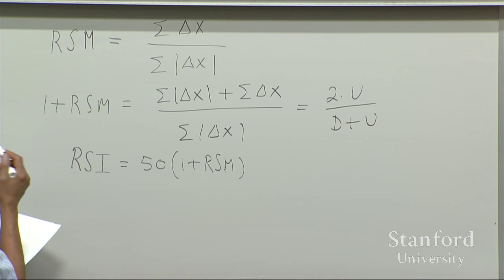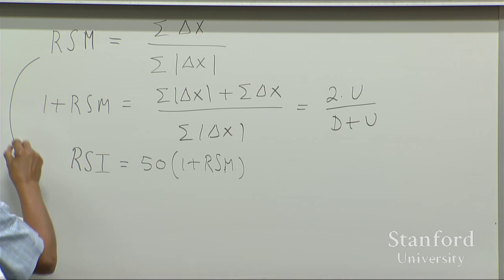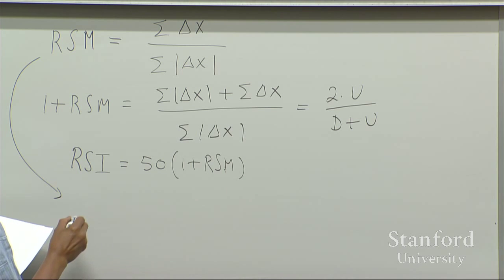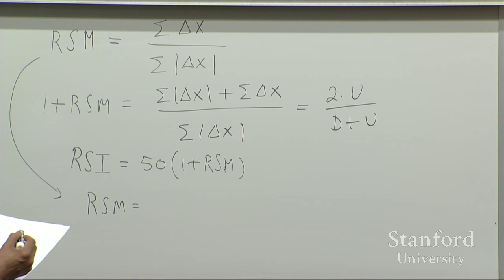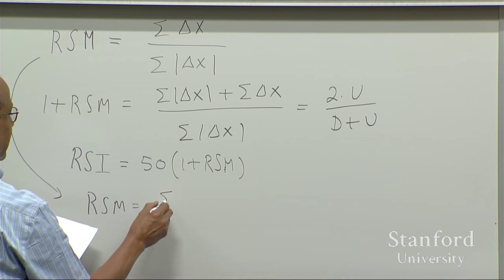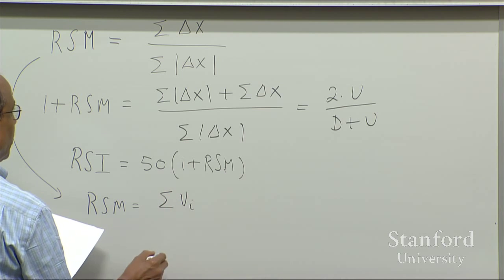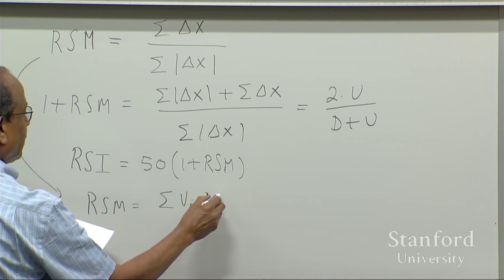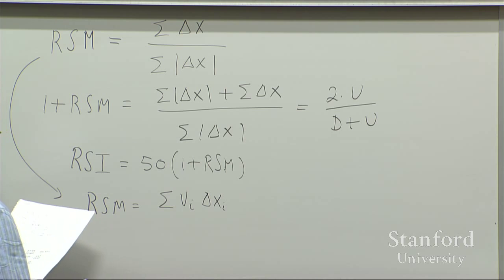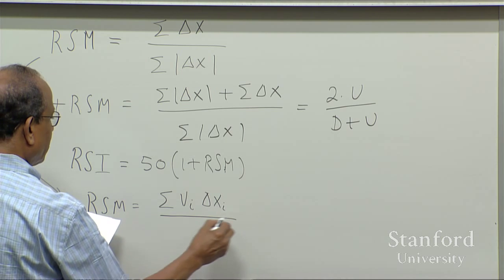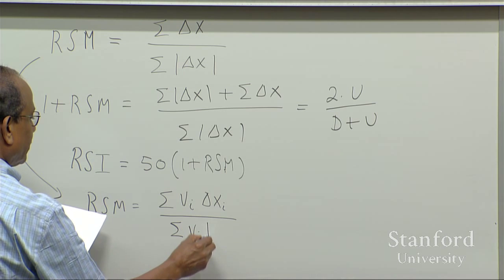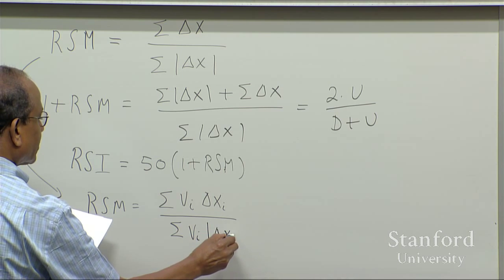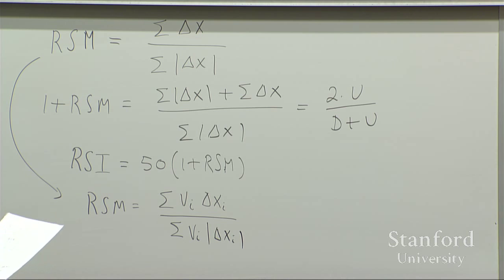Okay, so the reason I mentioned this was that they tried to develop this from here. You can write this RSM where you weigh in the volume. So you could write it as sum of V of i, that's the volume, times delta X of i, that is the change in price, divided by sum of V of i times |delta X of i|. Okay.